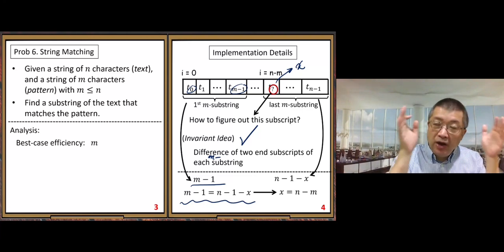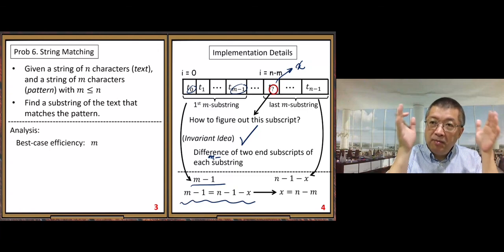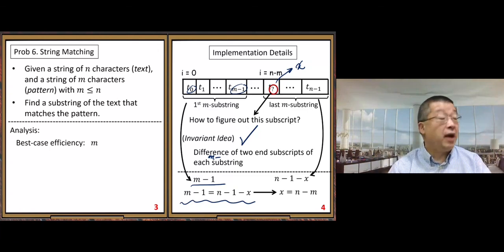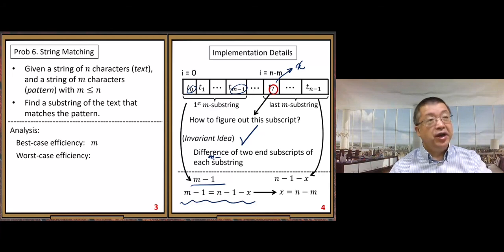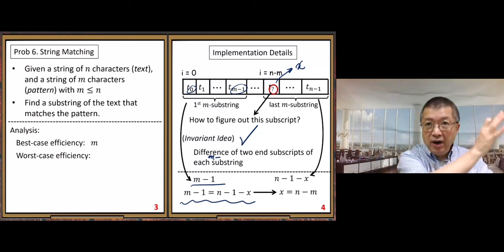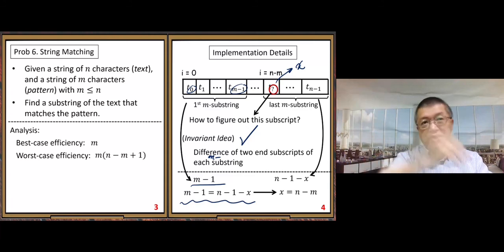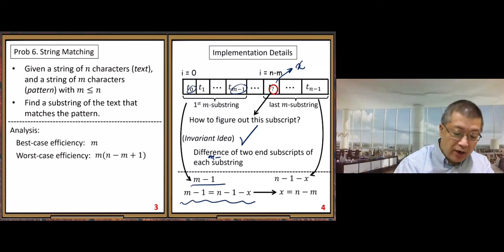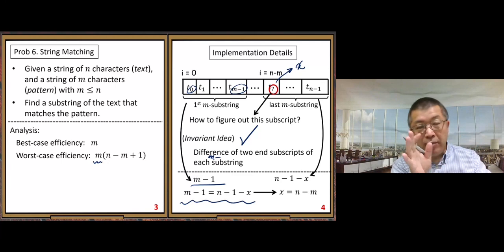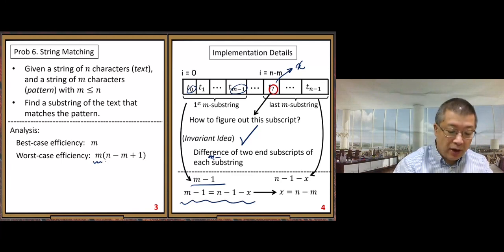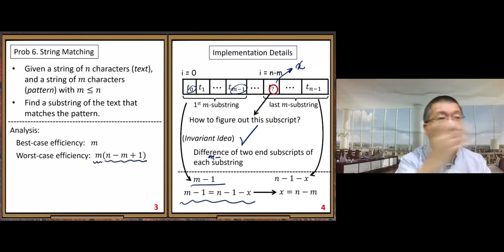You need to check all m characters to get that conclusion. The worst case efficiency: you need to compare all the m substrings. Each m substring, you do m character comparisons, and you have this many m substrings.